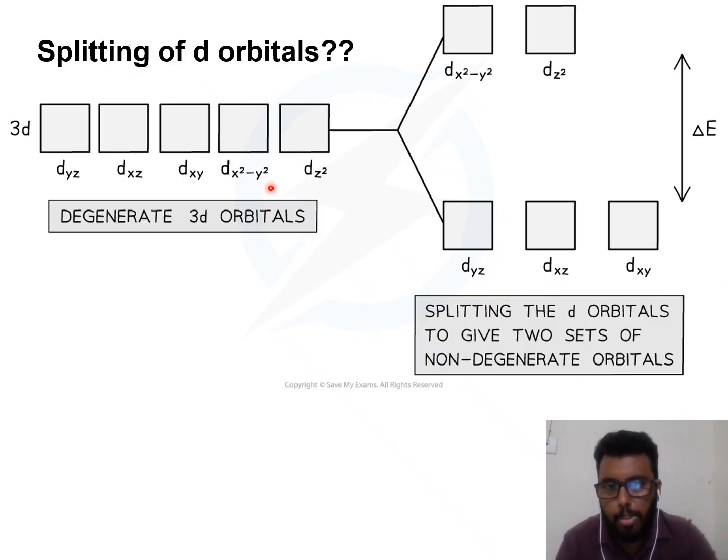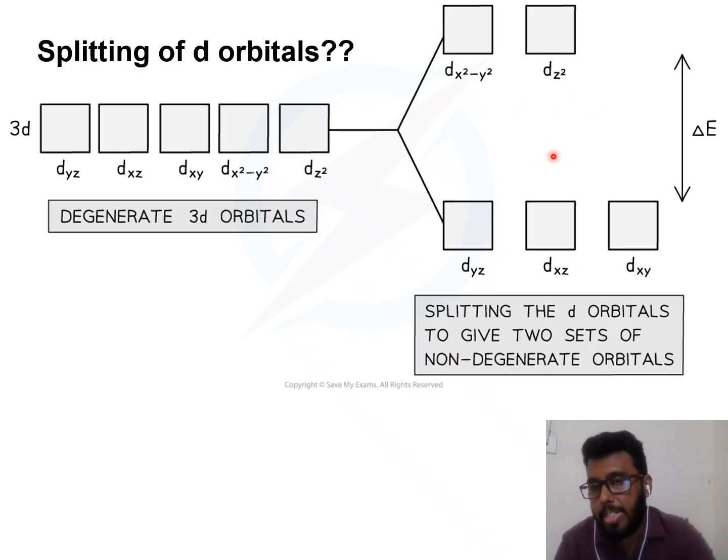So what are the other two orbitals whose energies are pushed up? These are the two orbitals which are oriented along the axis. That is dx square minus y square, which means the orbitals are oriented on x and y axis, and dz square means the vertical axis. So that is also pushed up.